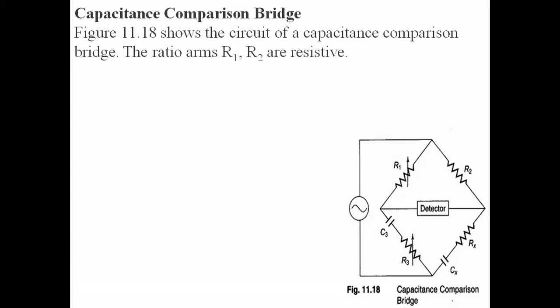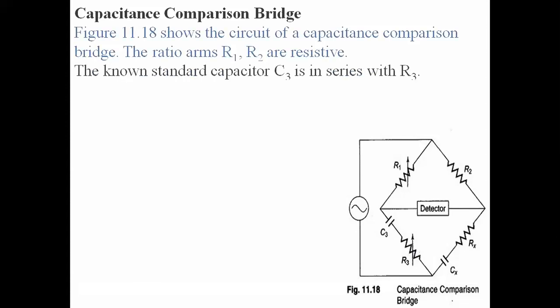That's why we are using a known capacitor and a variable resistance here. By adjusting this R0 value, and we can also adjust R1. In most cases arm 3 is used for adjusting and balancing purposes. If it is not sufficient, we can go for another arm also.